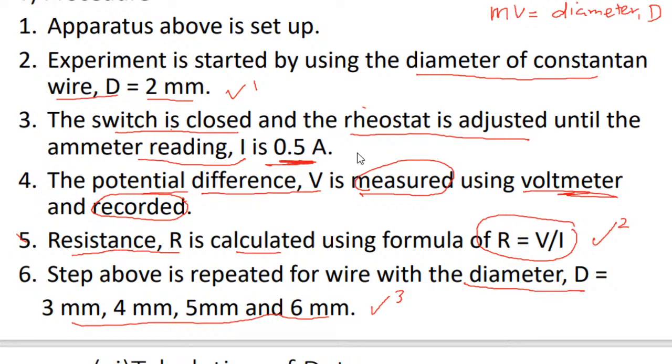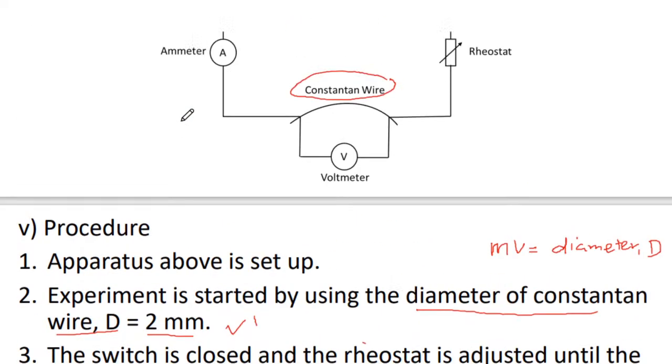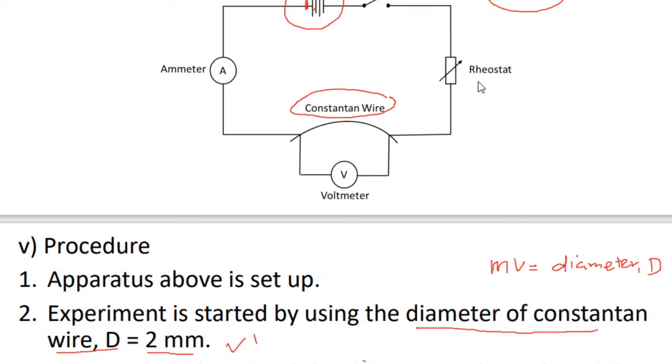Maybe some of the reference book or maybe some of the marking scheme, they are not using diameter. They might be using 1 wire, 2 wire, 3 wire. Like this. Okay, some might be using 1 wire. Then the experiment is repeated by using 2 wire, 3 wire, 4 wire.